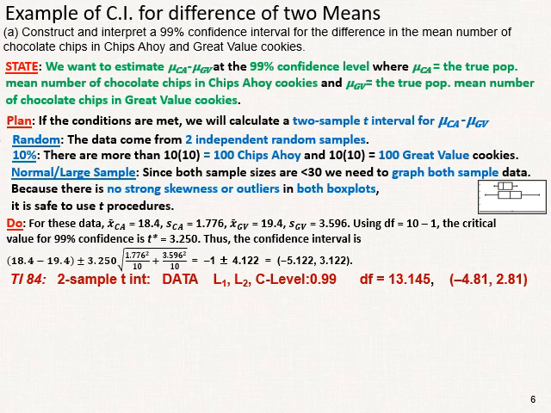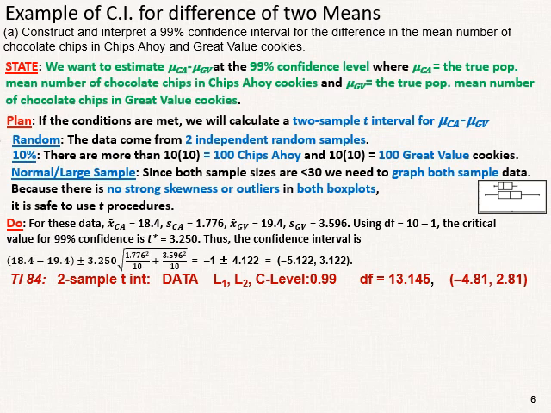Because if you don't, you'll get these same numbers, but in reverse. So you'll get negative 2.81 to positive 4.81. So you just got to be careful of how you're subtracting. How you set this all up is going to affect which direction your confidence interval is calculated in.